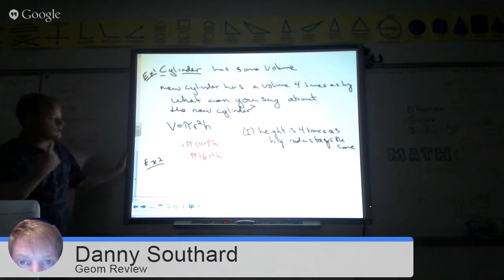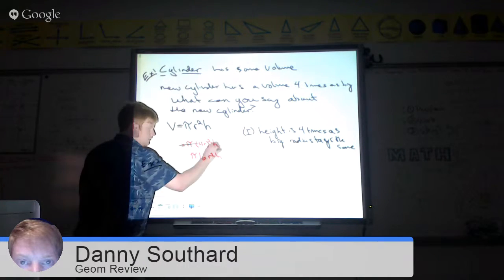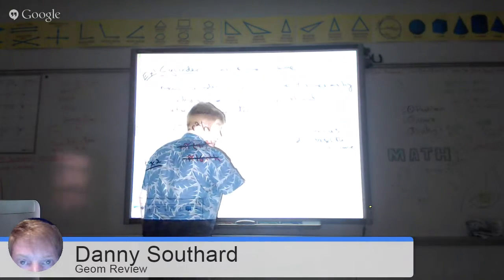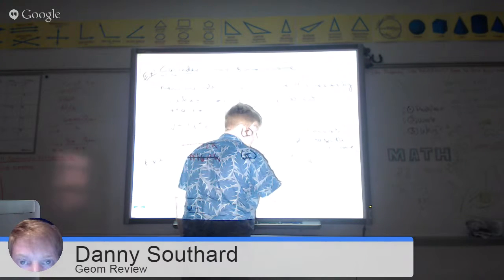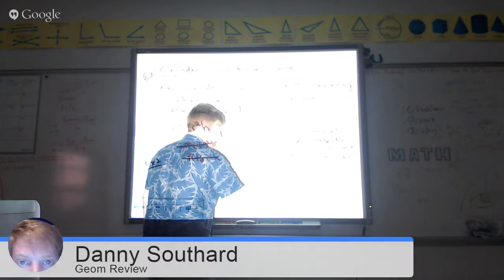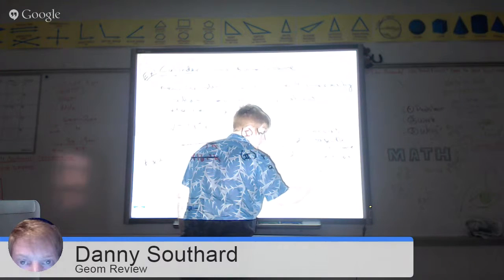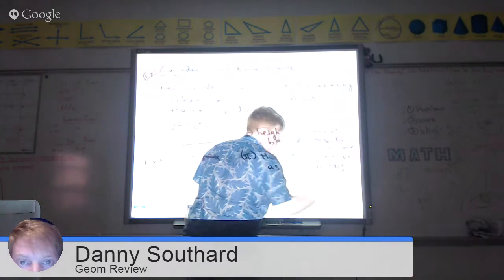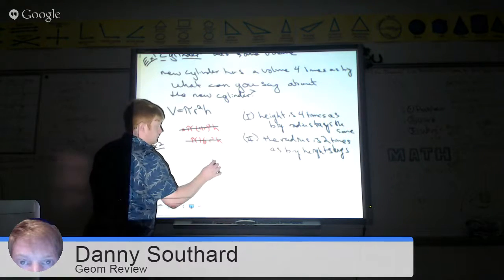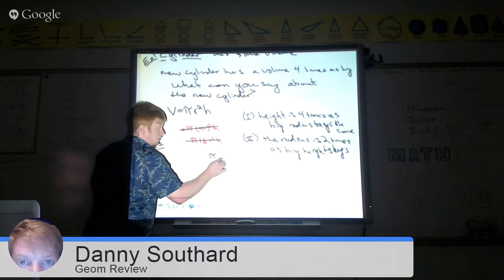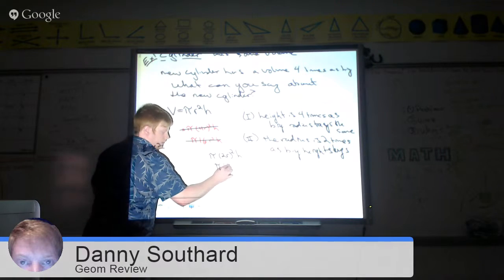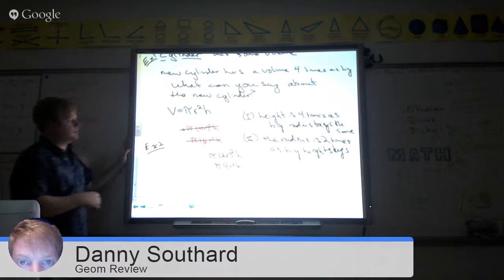So it's 2. The height would stay the same. If I said 2 times the radius, I would have 4, and the volume would be 4 times as big.